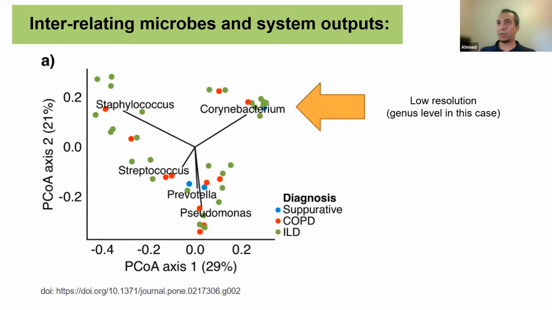If you notice, we are having here genus level taxonomy. So this is a low resolution analysis. And probably this system is also low diversity, so you have only few genera to look at a time. And this is not going to be always the case.